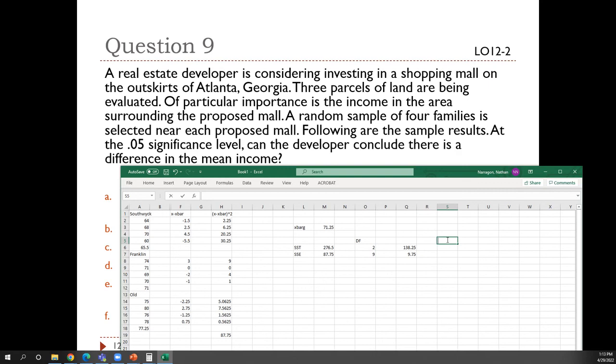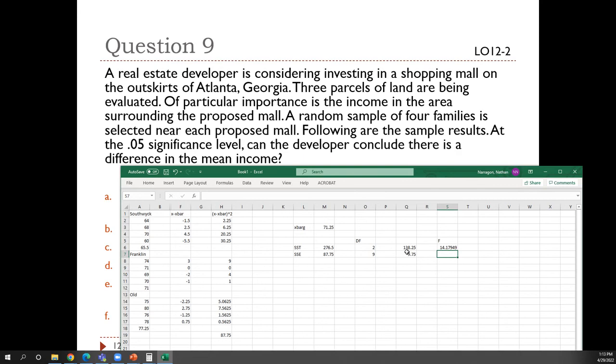So our F is going to equal 138.25 divided by 9.75, which comes out to 14.17, which is significantly greater. So we're going to reject the null.